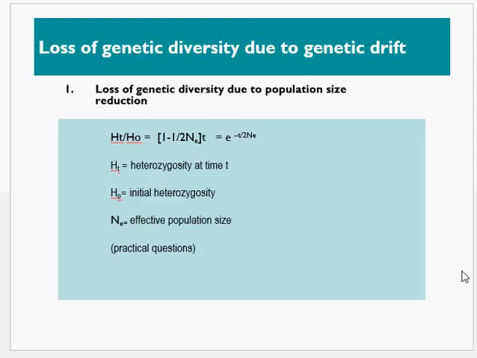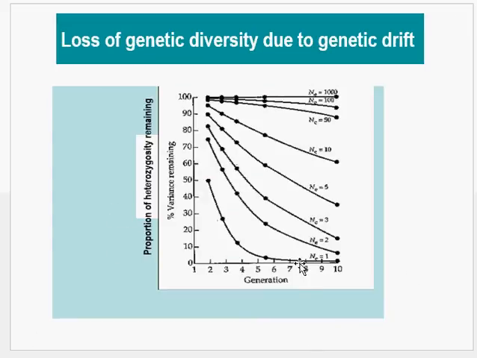So it's the effective population size that we really look at when we're looking at whether a population is small or not. This graph shows that if your effective population size, or NE, is very small, then the amount of genetic variation or heterozygosity which remains after a number of generations falls very rapidly. But if your effective population size is large, then your heterozygosity will remain high over these generations.